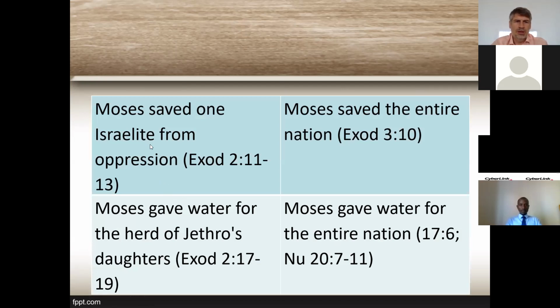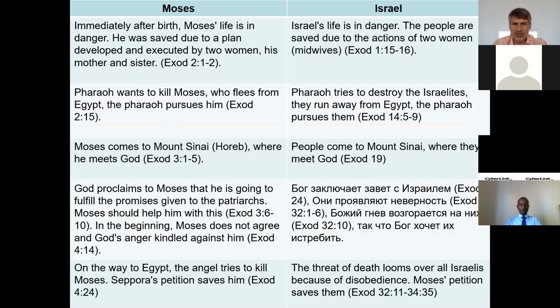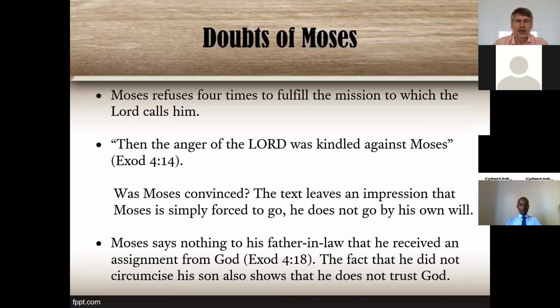And we can see it here, for example, Moses saved one Israelite from oppression, and after that, Moses saved the entire nation from oppression. Moses gave water to the daughters of Jethro, and Moses gave water to the entire nation. So we can also see some parallels in the story of Moses.